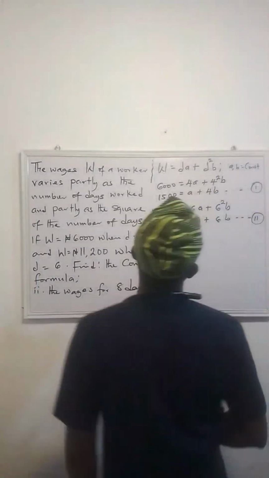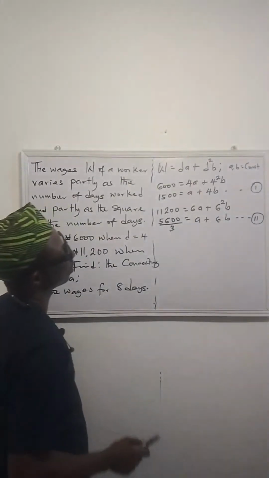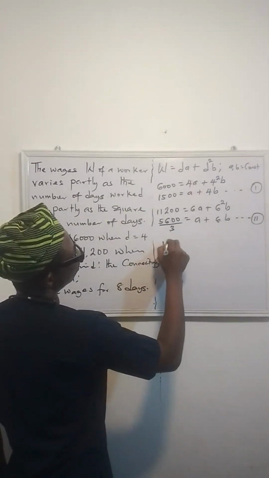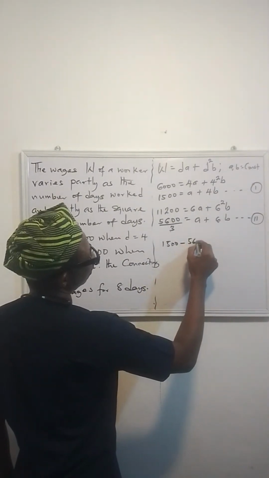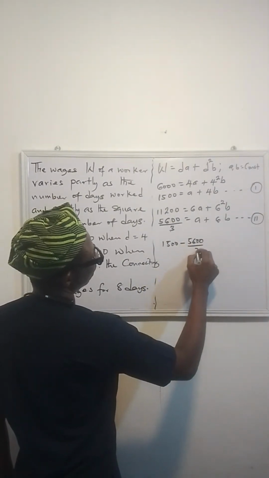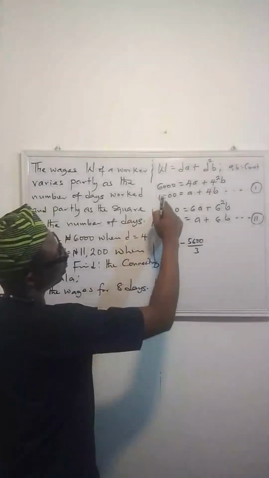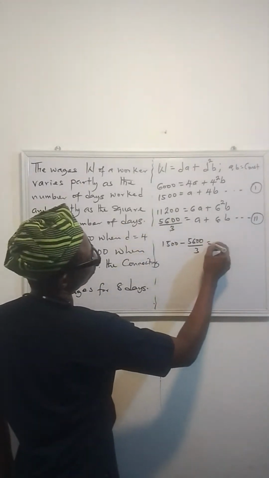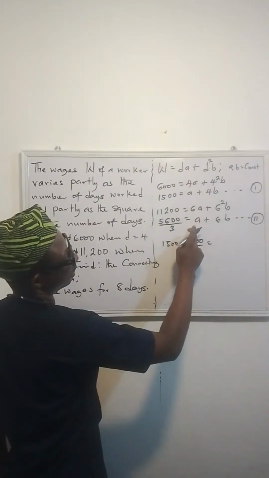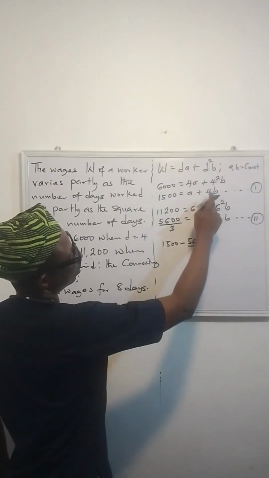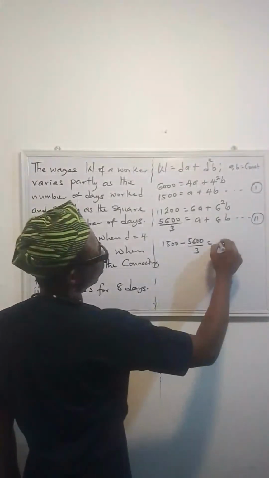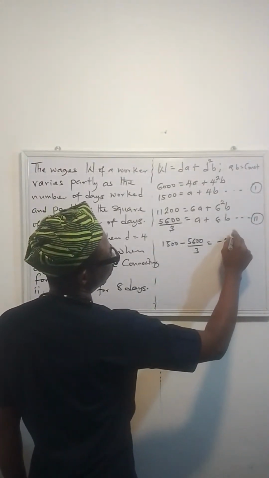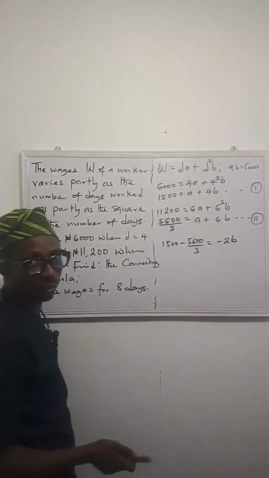We have 1500 minus 5600 over 3 equals, A minus A cancels, and 4B minus 6B gives you minus 2B. I hope we all understand that.